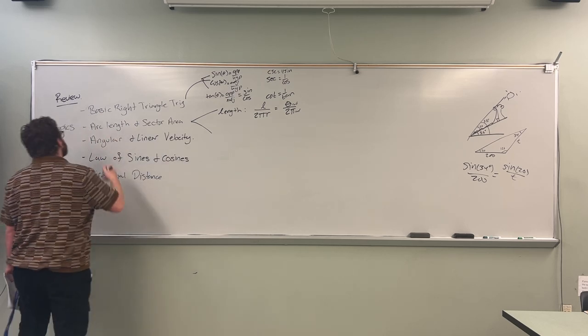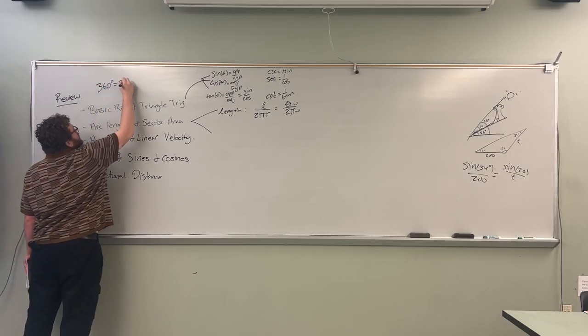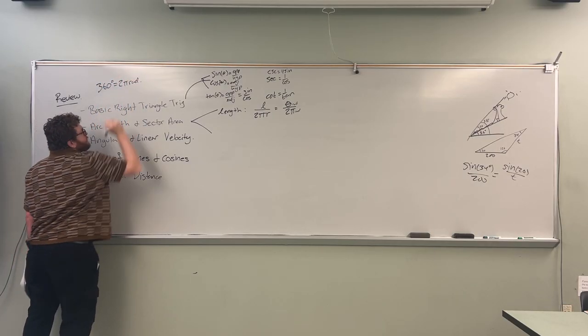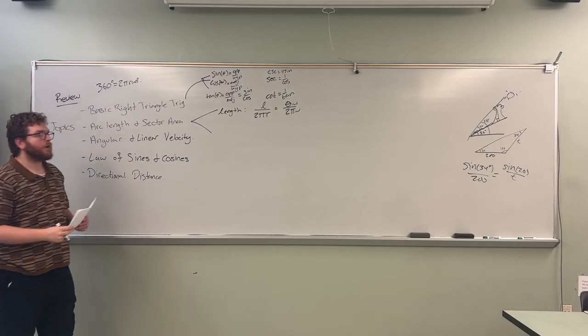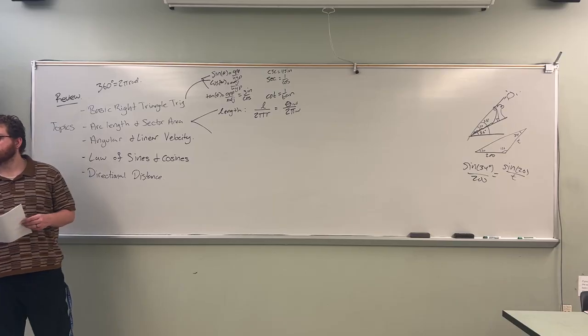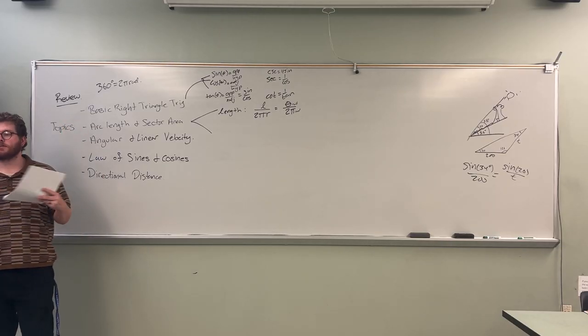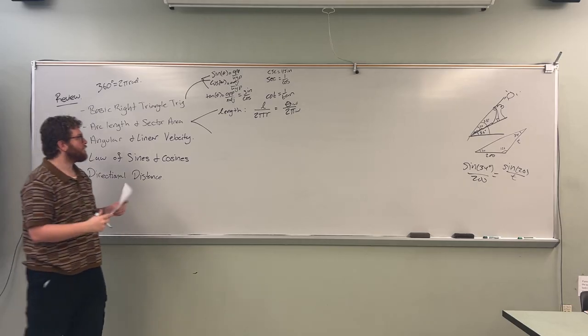That's an important thing to remember. I'll just put that as a useful fact maybe. 360 degrees equals 2 pi radian. You will have to know that. I won't ask you to convert between degrees and radian. Your calculator will do most of that for you. But it is important to remember that when you're using radian versus degree.